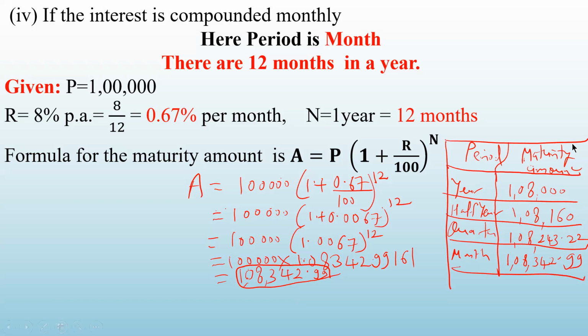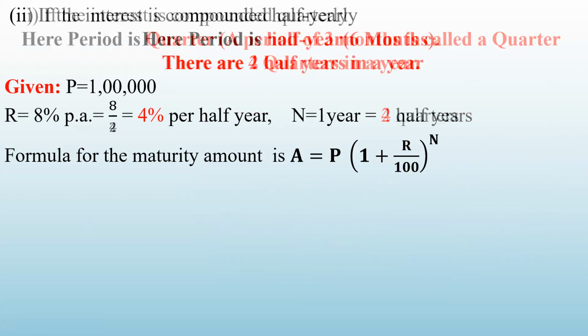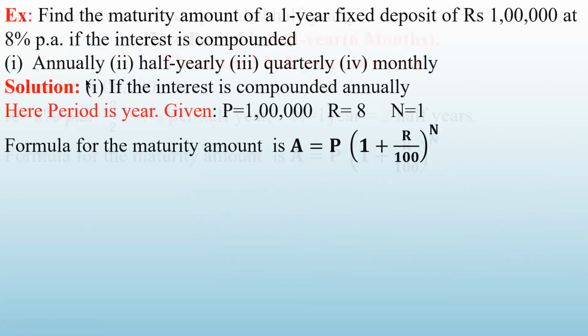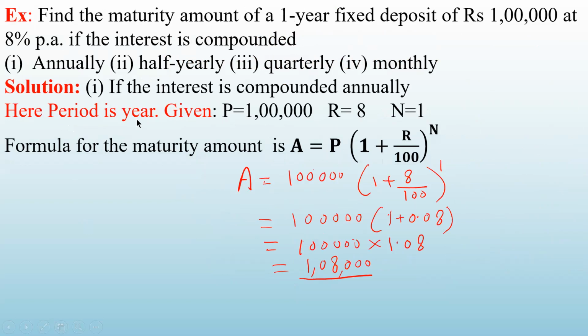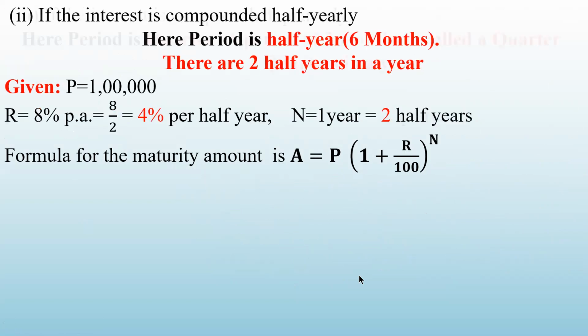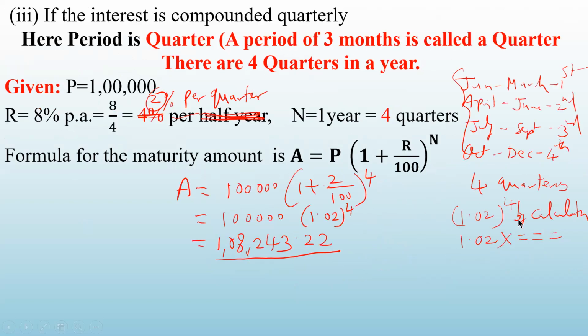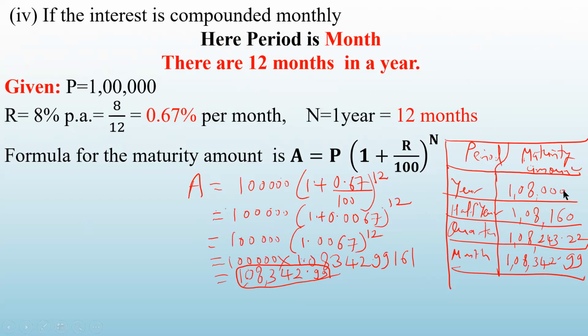From this table, what can you make out? This amount was the same, we have kept the same principal. Rate of interest was also the same, 8% per annum, and the amount was kept for 1 year. Look here, if the interest was calculated yearly, you got the amount 1,08,000.